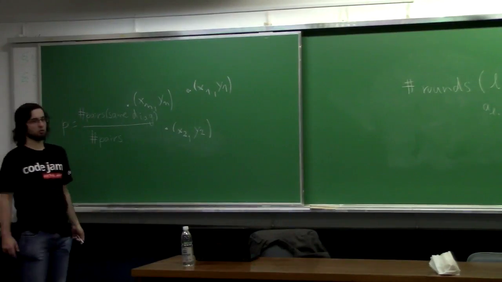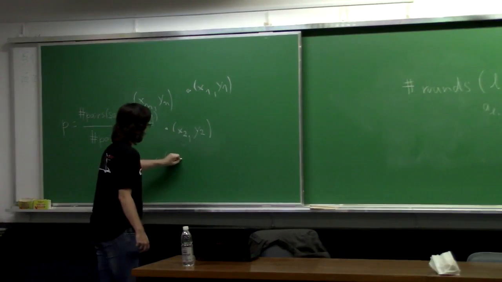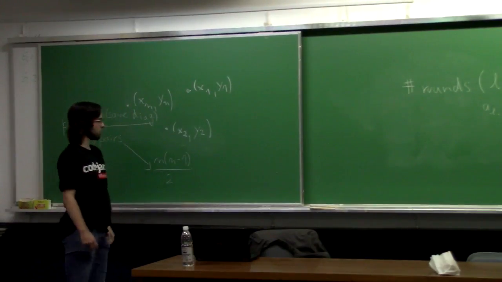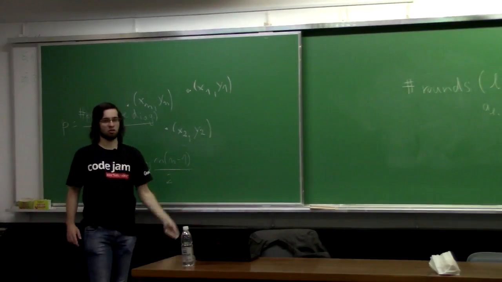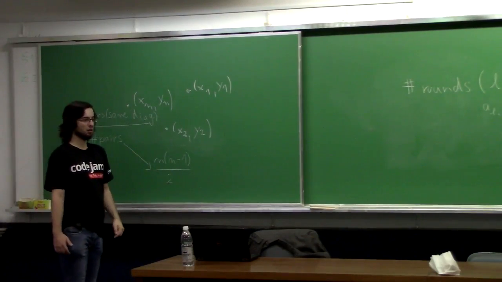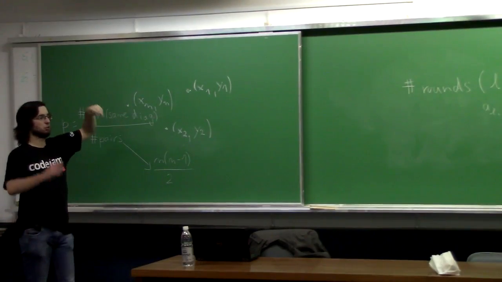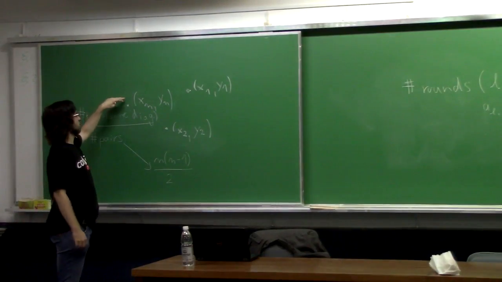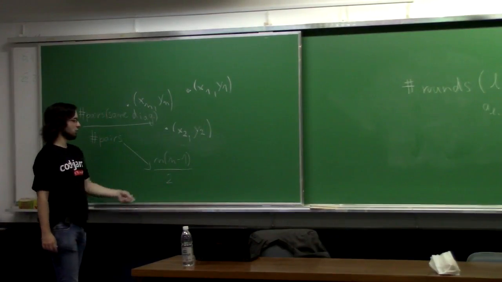The number of possible pairs that could be chosen is always n times n minus 1, divided by 2, because we can choose 1 point. There are n ways to do this, then we can choose the second point. There are n minus 1 ways to do this, since we can't choose the first again, and each pair that we could choose like this is counted twice, either by choosing this point first and this point second, or by choosing this point first and this point second, so we divide it by 2.